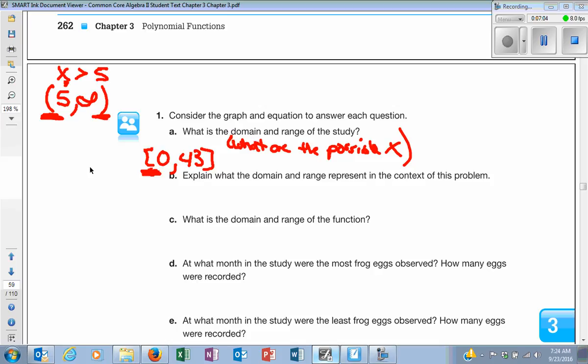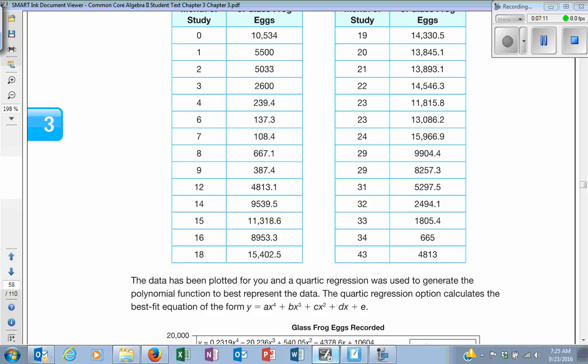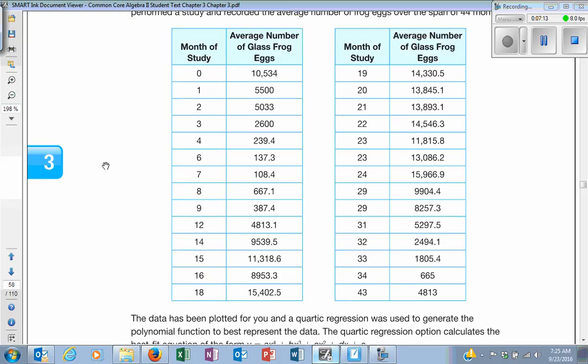All right. Now, what is the range? The range is going to take a little bit more time because you're going to have to look at all these numbers right here. And you're going to have to find the biggest and the smallest.